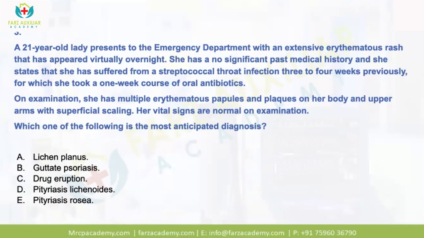So this is a lady with an extensive erythematous rash, which came up suddenly. The only significant history is the streptococcal throat infection, and she had antibiotic treatment. So is it lichen planus, guttate psoriasis, drug eruption, pityriasis lichenoides, or pityriasis rosea?